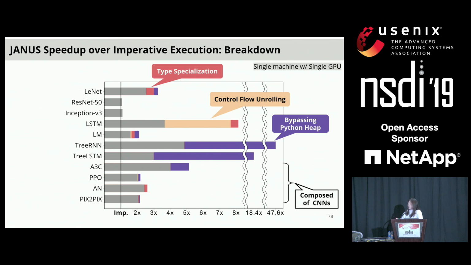For CNNs, the operation kernels are usually optimized for NVIDIA GPUs, so the GPU is already saturated on the imperative executor, and the performance improvement is smaller than for RNN or TreeNN models. In RNN or TreeNN models, the size of each operation is smaller, and we have more room to optimize the graph execution.